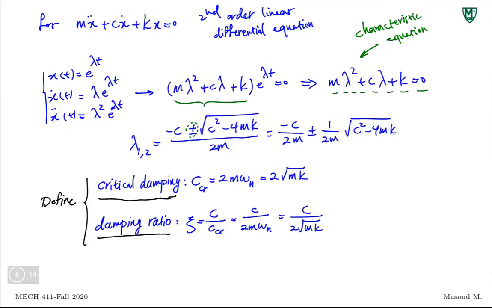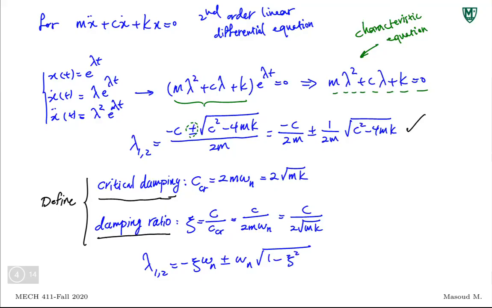Now I use these two concepts to rewrite the equation I got for the roots of that characteristic equation. If you plug these in and move things around, you get something along this line: minus zeta omega n plus minus omega n square root of 1 minus zeta squared.